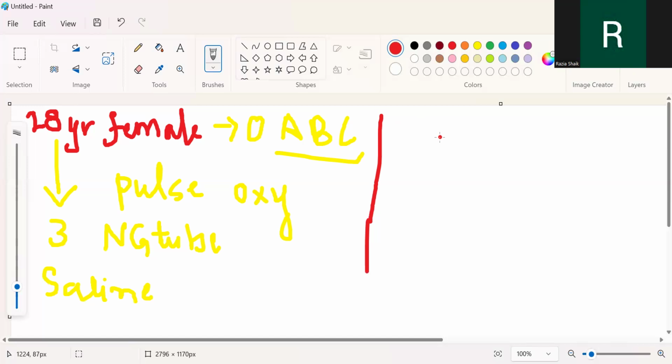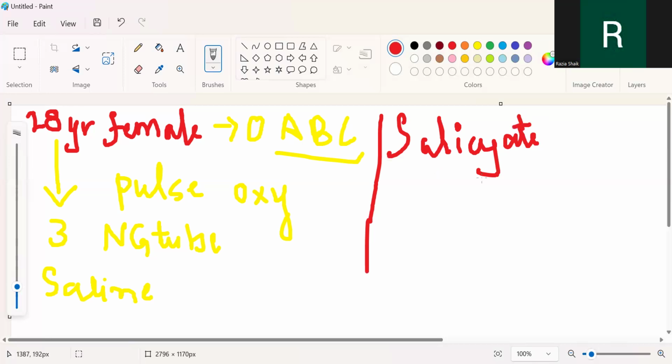The first order is salicylates. For any patient walking in with unconsciousness, we want to check certain overdose drugs that are potential factors.